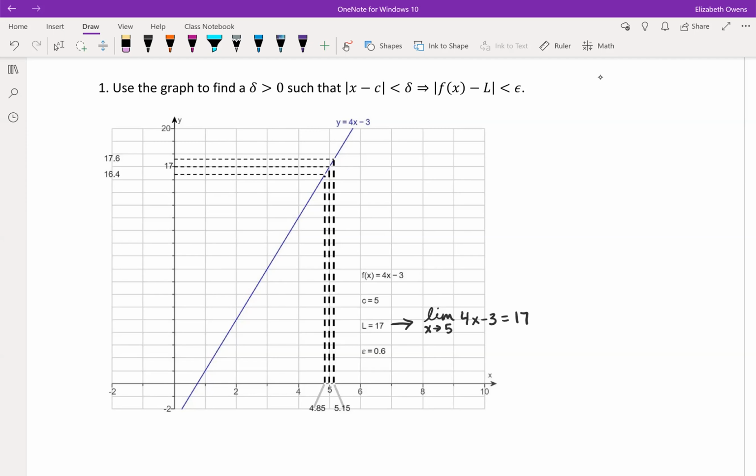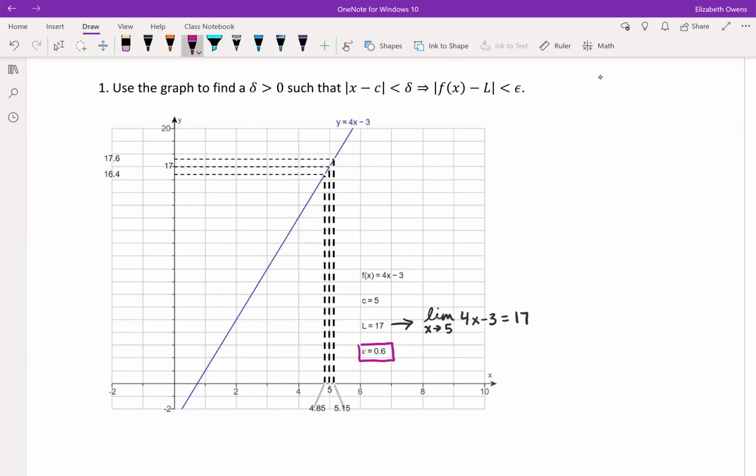All right, we are just now going to find a delta value to go with this epsilon that they've given us. Okay, so they tell us that epsilon equals 0.6. And recall, that is setting off a distance or an interval along the y-axis.